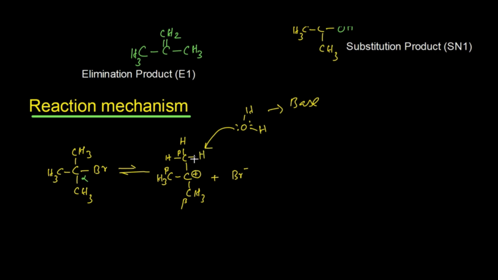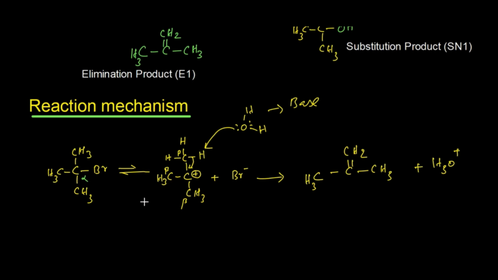It abstracts the proton, the bond gets cleaved and it comes as a double bond. So we get the alkene product, CH2 like this, plus H3O. This is the complete reaction mechanism.